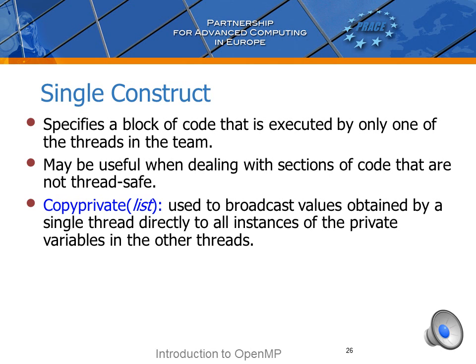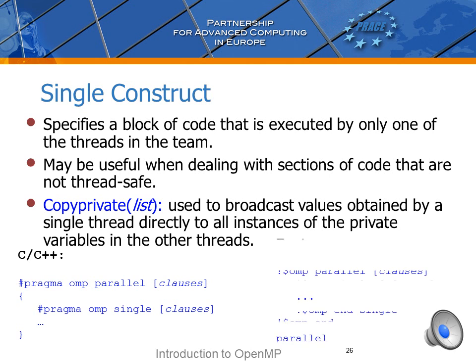Similar to the sections construct, it is defined after OMP parallel in C, C++, and Fortran by using the OMP single command. The copyprivate data clause is associated with the single construct. It is used to broadcast values obtained by a single thread directly to all other threads in the team. Thus, it mustn't be used with the nowait clause.